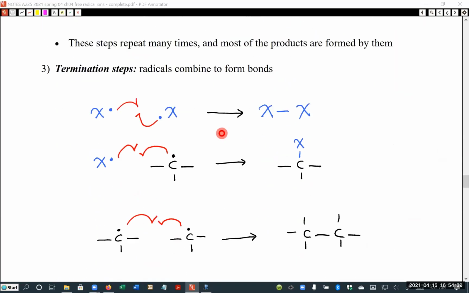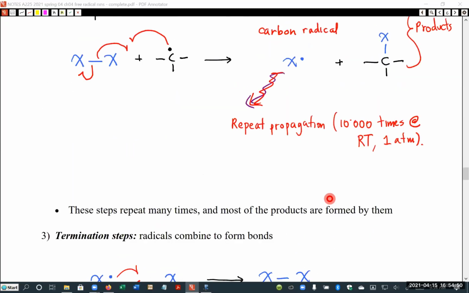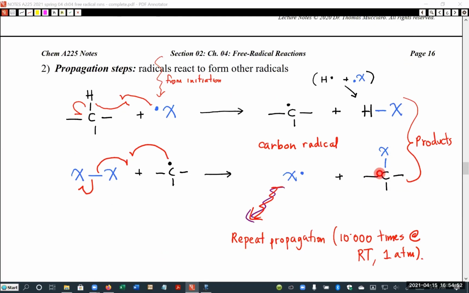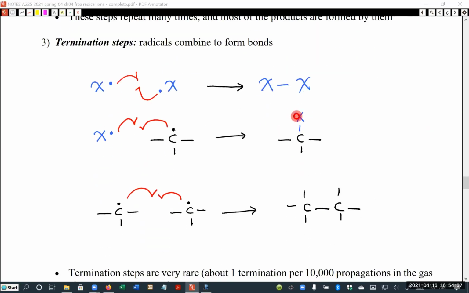The important thing to note is that termination steps are very rare. There's only about one per 10,000 propagation steps. What that means is that we formed 10,000 molecules of product before we made even one this way. So this is a very rare occurrence, and we should not be writing this as a way that product is formed. We're only writing it as a way that the reaction chain ends.